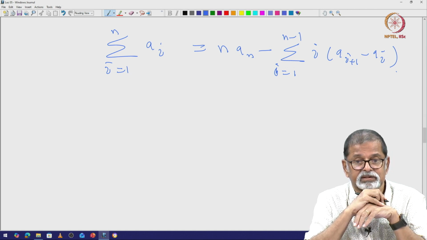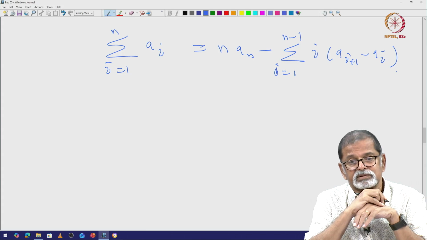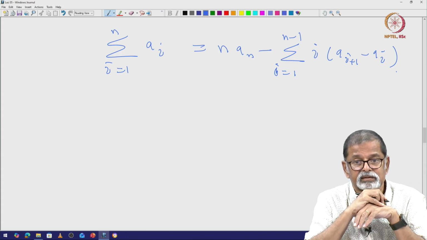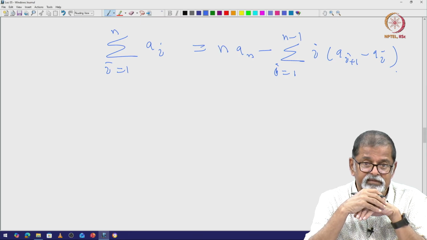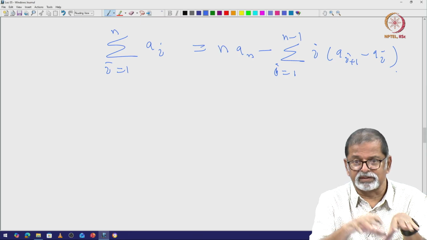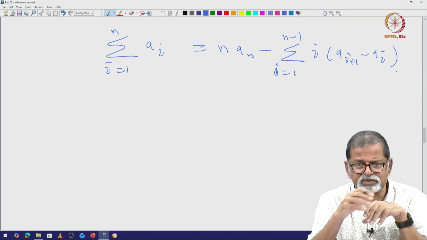This is summation by parts. Okay. It is very similar to integration by parts. There is an interesting connection between this and the integration by parts, which you can.